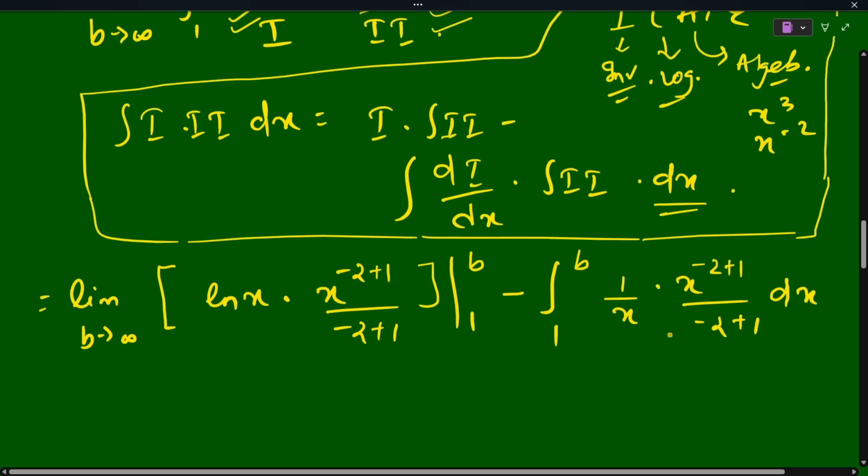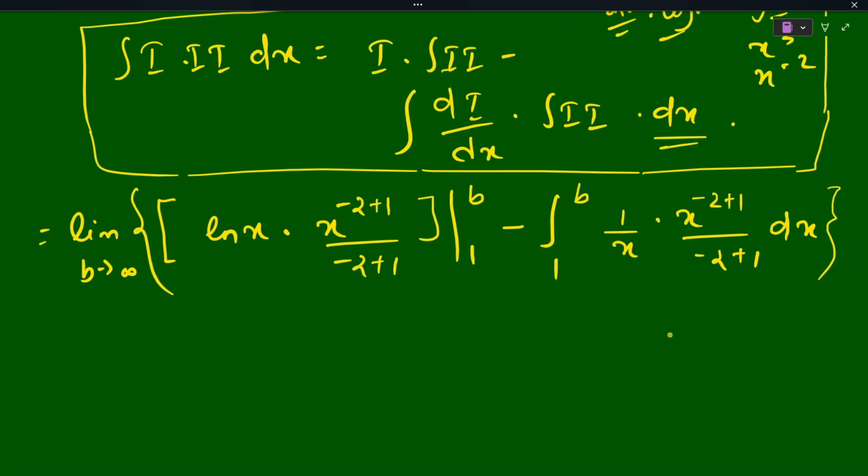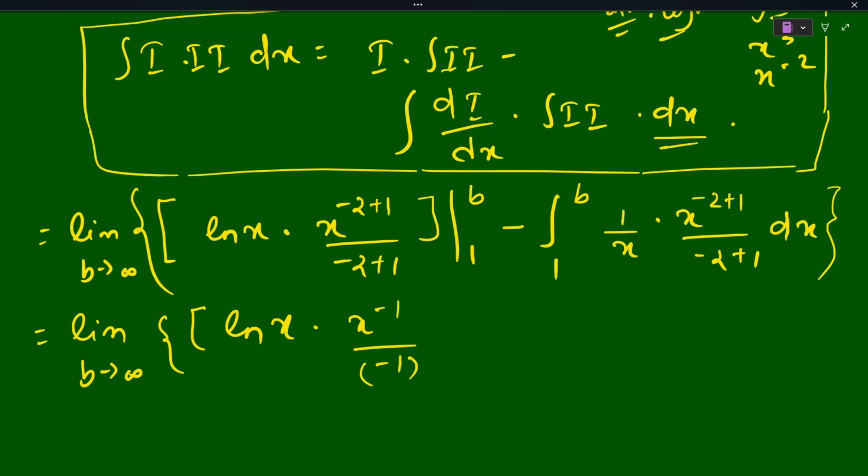Then I'm taking this one whole bracket as this limit section, we will apply later. Now let's solve a little bit. This value is ln x into x to the power minus 1 by minus 1. Limits are from 1 to b.